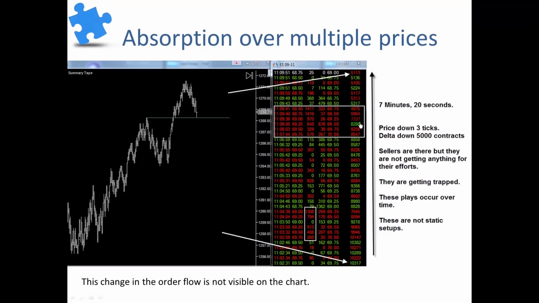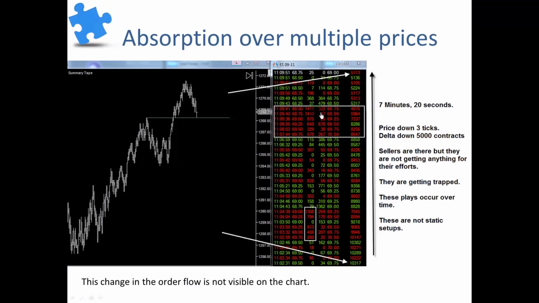In the box, we can see this box here, and to some extent this box down here, it took successively more and more contracts to eat through the bids. So it happened below here, and it occurred again here. So we can see 578 contracts tick down, 329 tick down, 648, 975, 1410, 1411, progressively more and more orders being absorbed at each level.